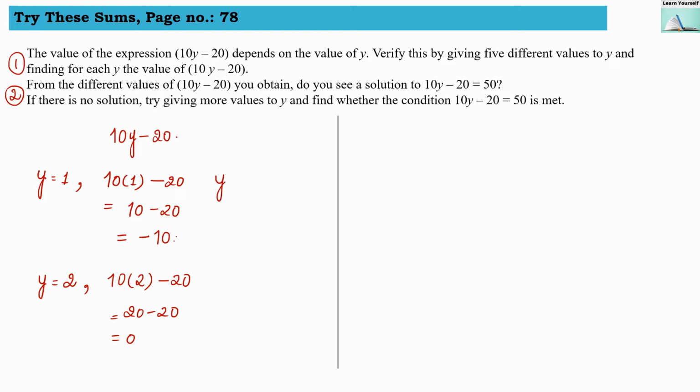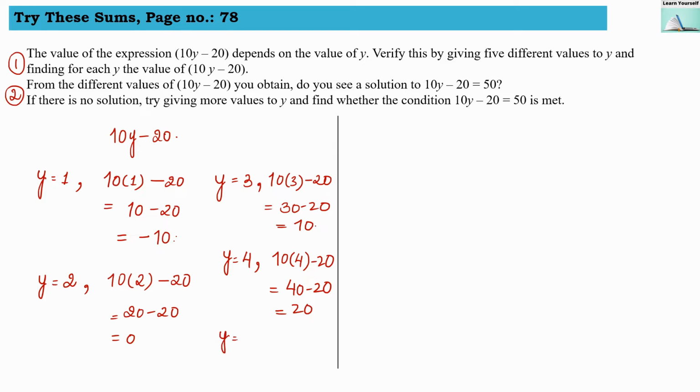Next case, y equals 3. We get 10 into 3 minus 20, which is 30 minus 20 equals 10, positive 10. Again for y equals 4, we get 10 into 4 minus 20, which is 40 minus 20, and the answer is 20.